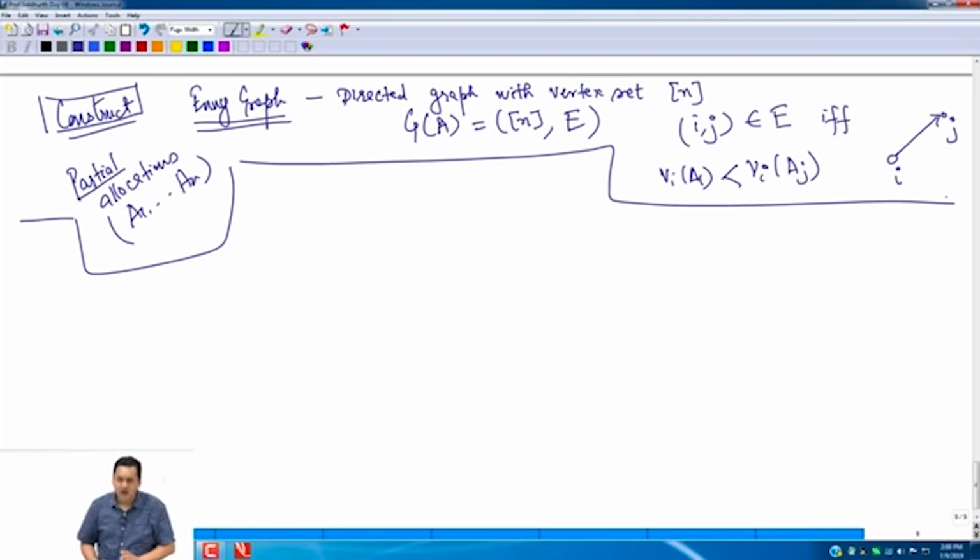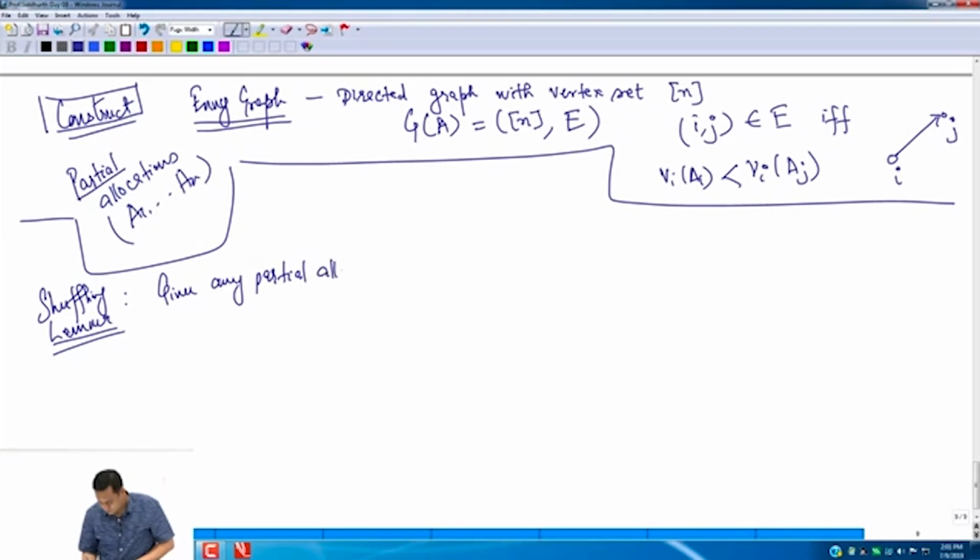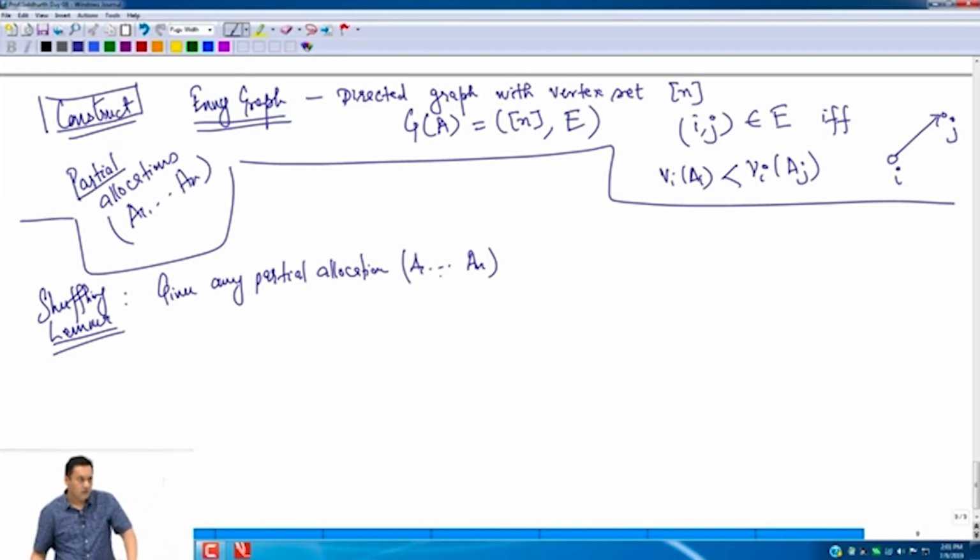Okay, so now comes the crucial lemma, the missing piece of the puzzle, and I'll call it the shuffling lemma, and you'll see why this choice of words. And the lemma says that I give you any collection of subsets, they are disjoint, associated appropriately with agents, but they might or might not cover all the M elements.